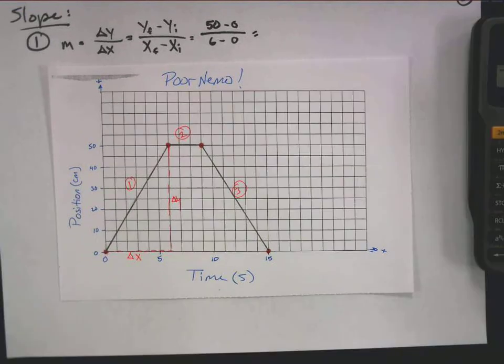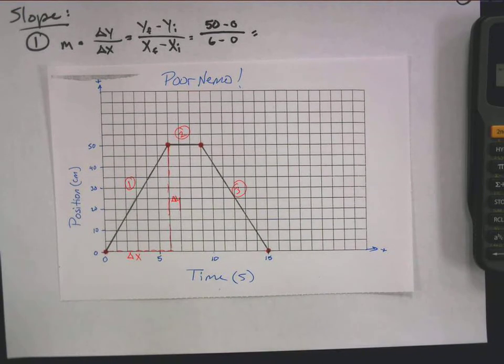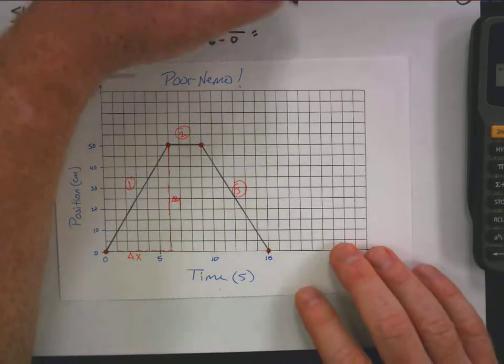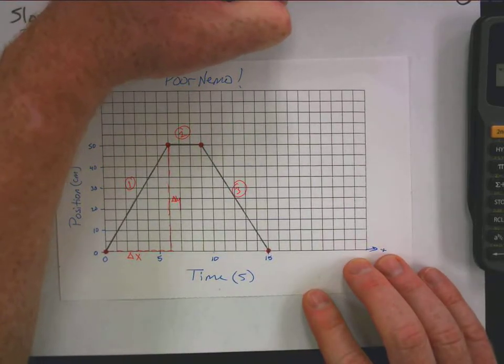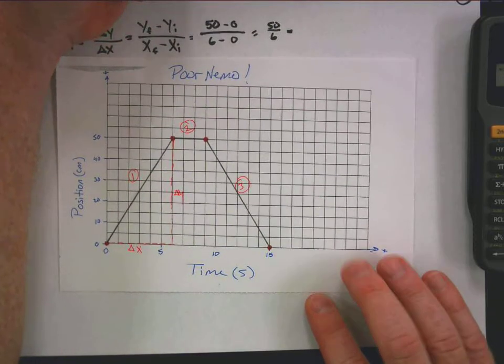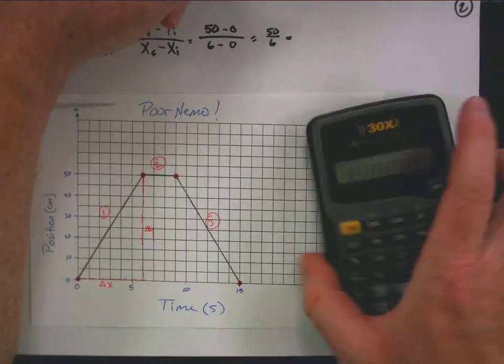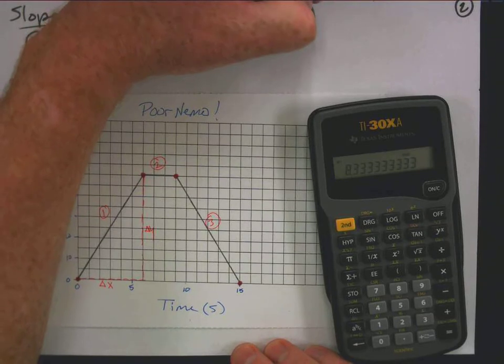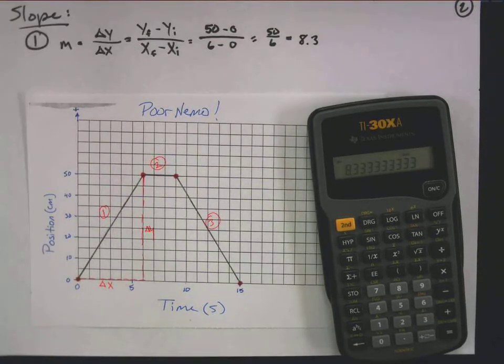Handy dandy calculator. Did I do that right? 50 divided by 6. Okay. And so that's going to get me, according to my calculator, 8.3. I rounded off a little bit.